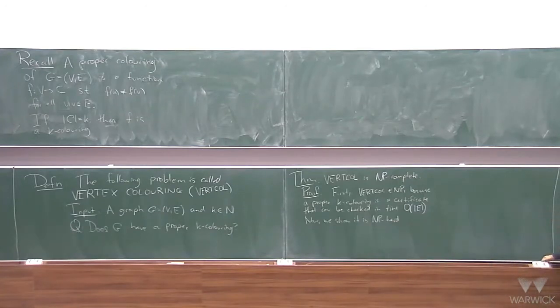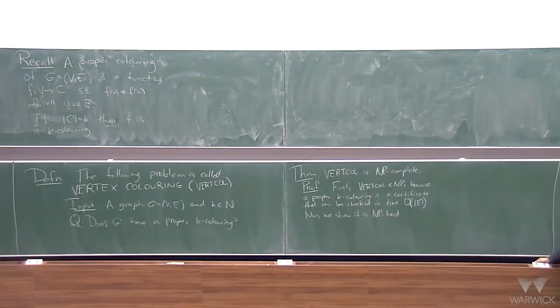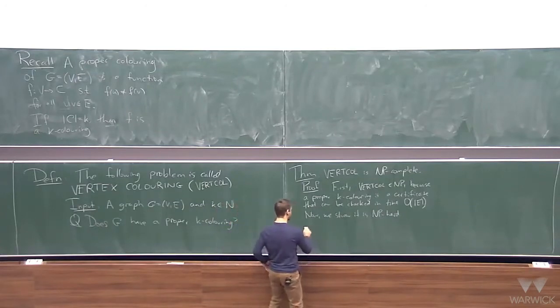There are various things we already know are hard. I'm not going to go back to SAT or 3-SAT, so don't worry about that. One of the things we said last week: remember we proved that the clique problem is hard, and then I said that for free you get that the problem of finding a stable set of a certain size is hard. Perhaps I should recall this definition.